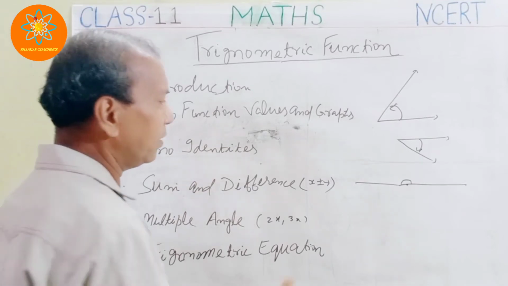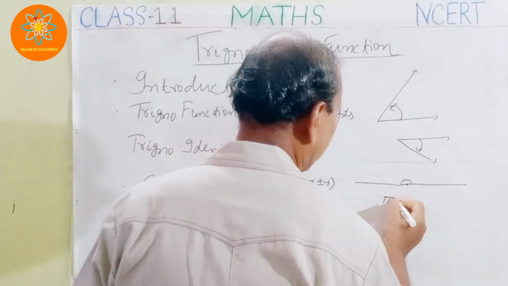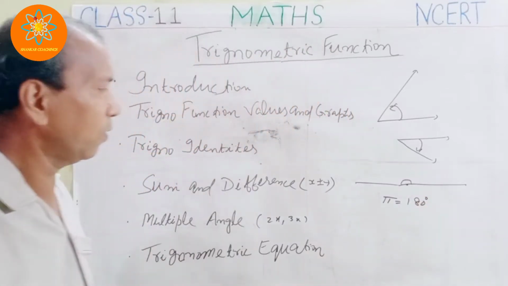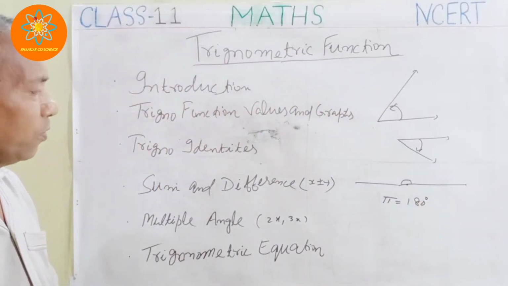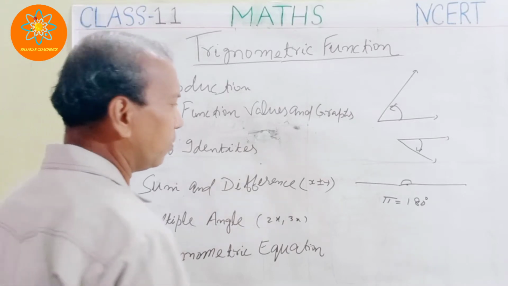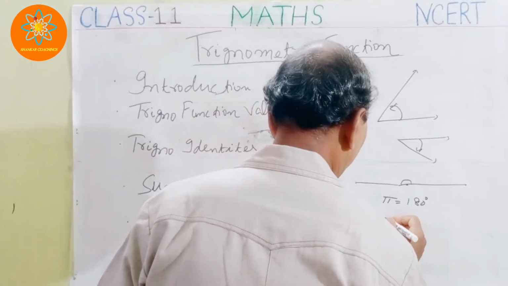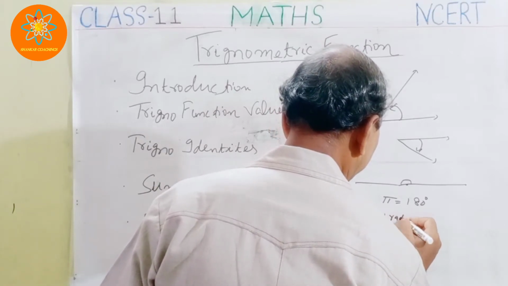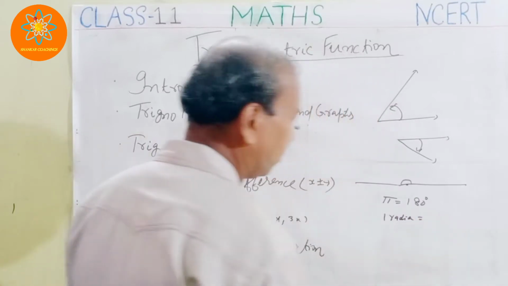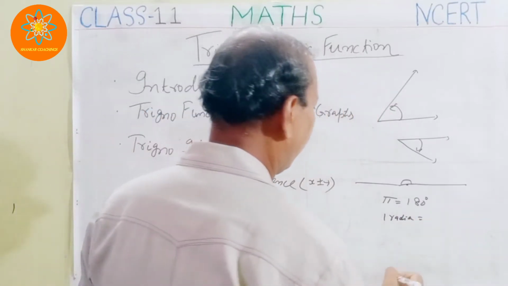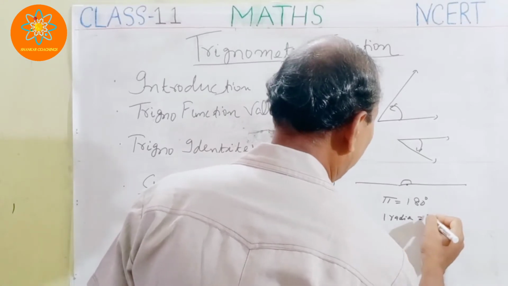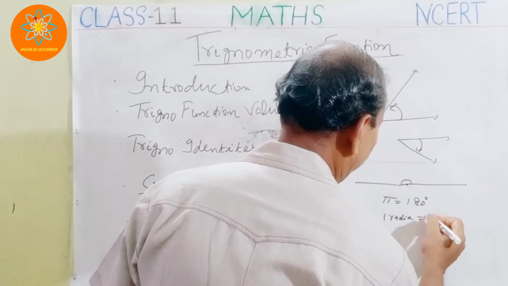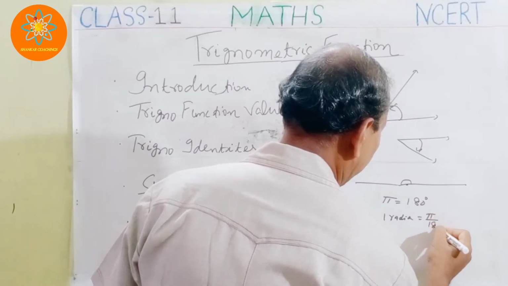Pi radian is equal to 180 degrees. So suppose you want to define the value of 1 radian. 1 radian will be equal to pi divided by 180.